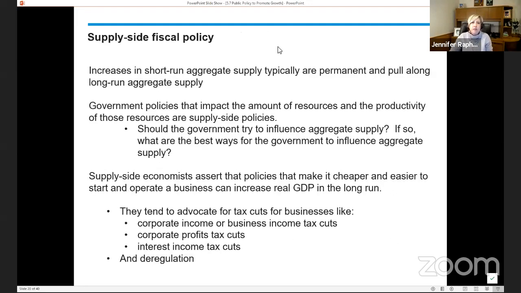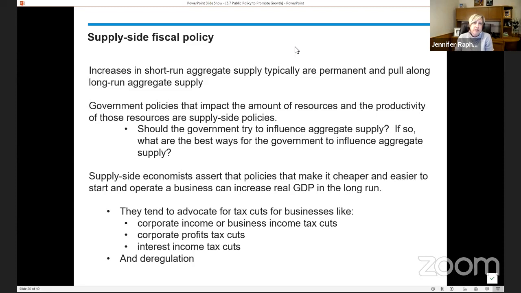Right. So what we've really been talking about fall into the realm of what are called supply side policies. So an increase in productivity in the long run is going to increase the potential output that an economy produces, right? It's going to shift that long run aggregate supply curve to the right. So some of those could impact the short run aggregate supply curve first, and very often what happens is increases in productivity that shift short run aggregate supply become permanent, and it kind of drags long run aggregate supply along with it.